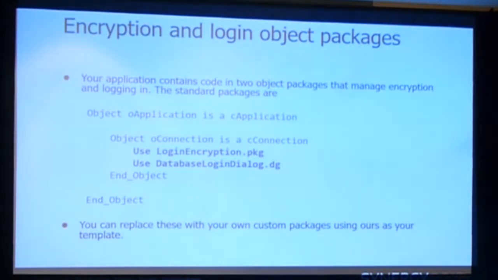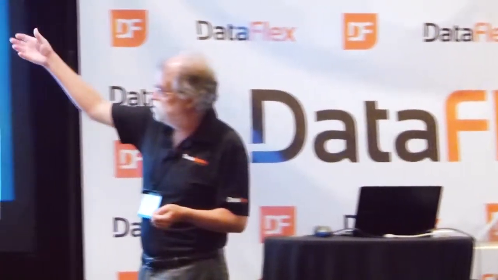If you want to customize it and do something different, you want to make your login look different, or change your encryption a little bit, what we encourage you to do is take those files, make copies of them, put them in a library you've got, or put them in your workspace, and modify them. And then when you modify them, you would use the new name that you're using there, and you're ready to go.